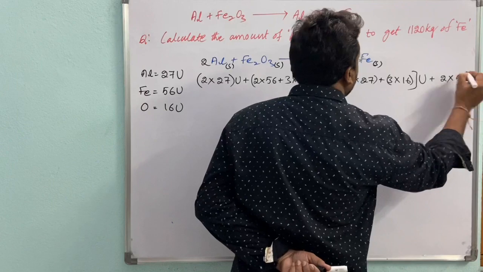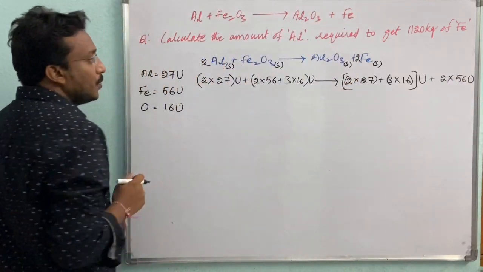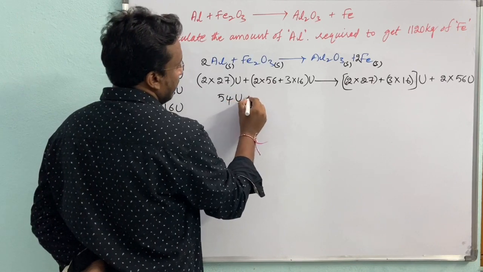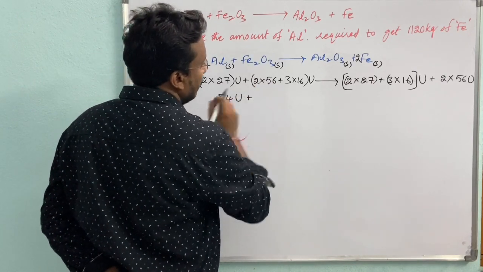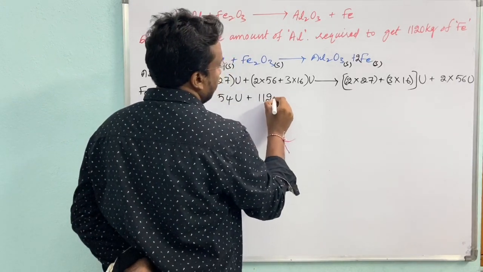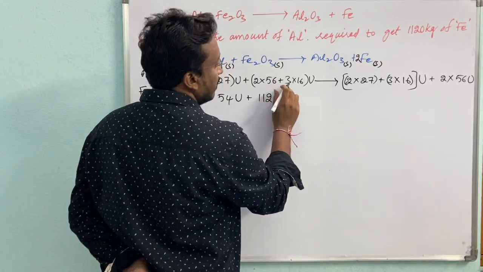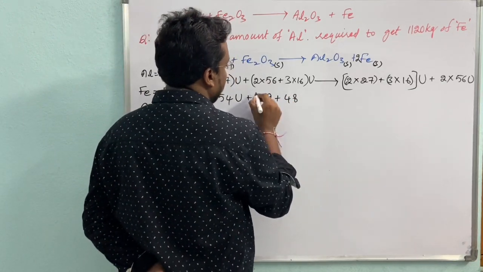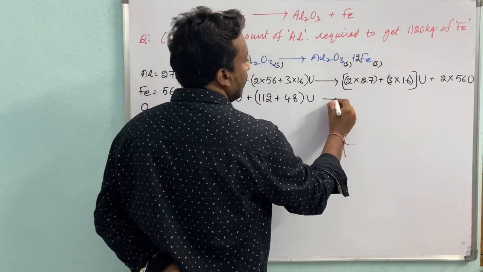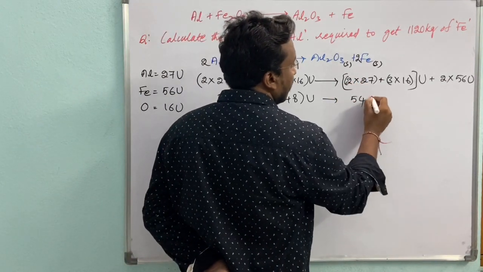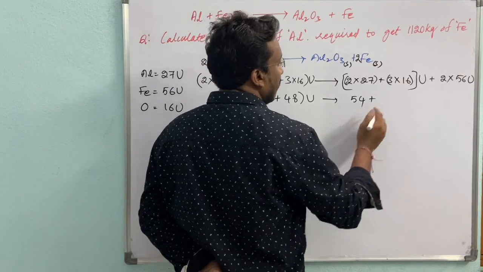You have to multiply. 2 27s are 54, plus 2 56s are 112, plus 3 16s are 48.